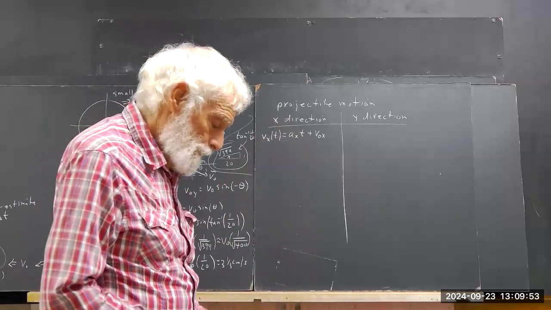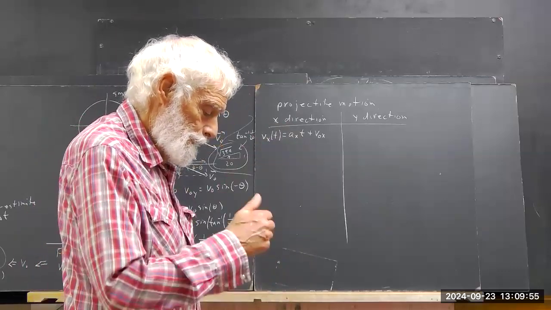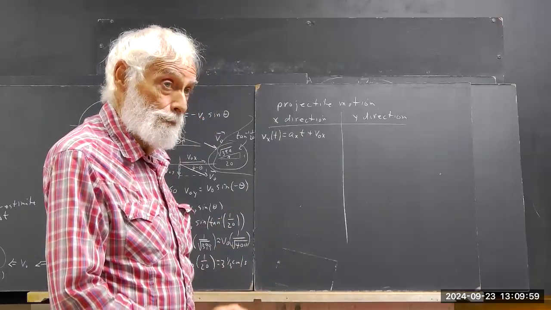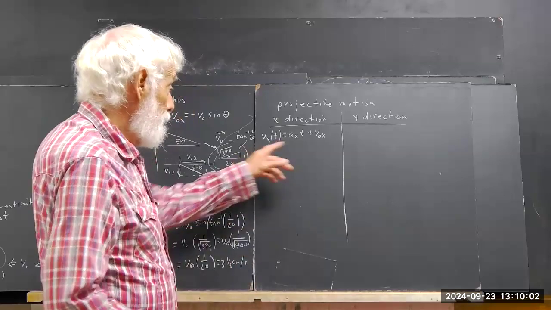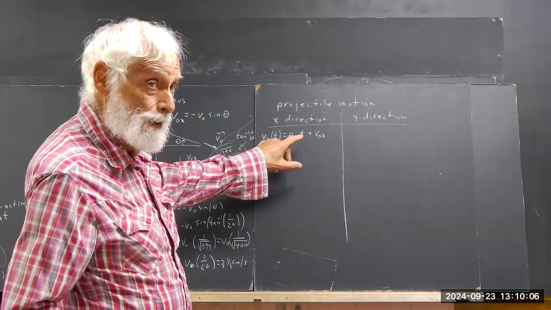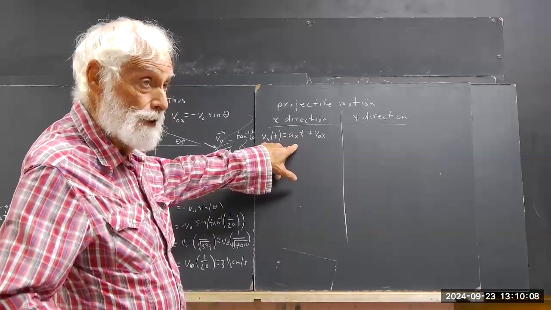Imagine seeing this from above, where you can't see motion in the up and down direction. That's what it's going to look like. And if your x acceleration is 0, then this isn't there, right?